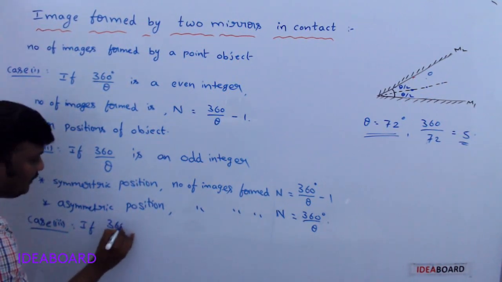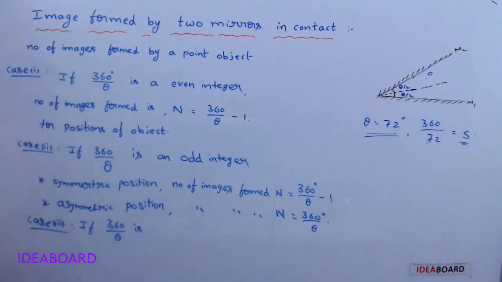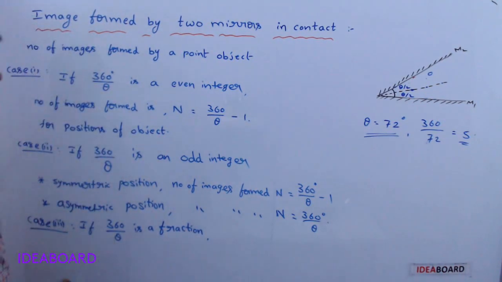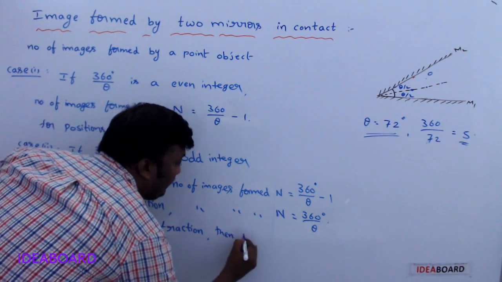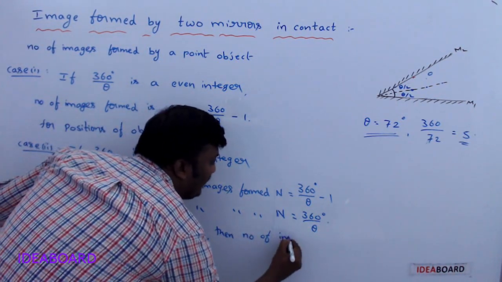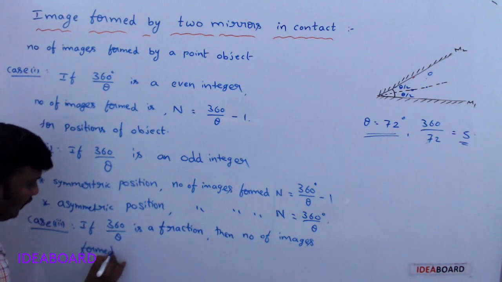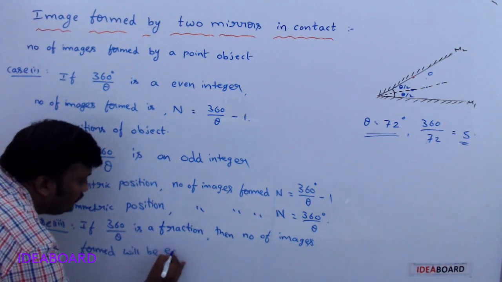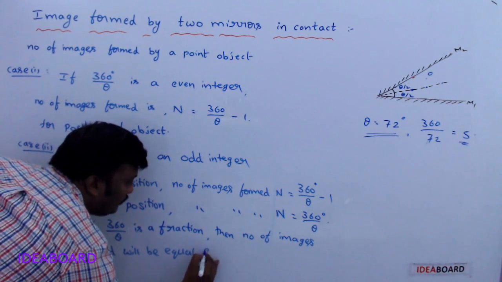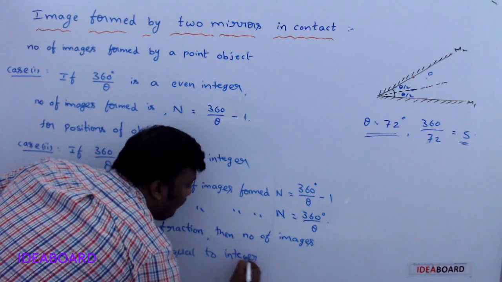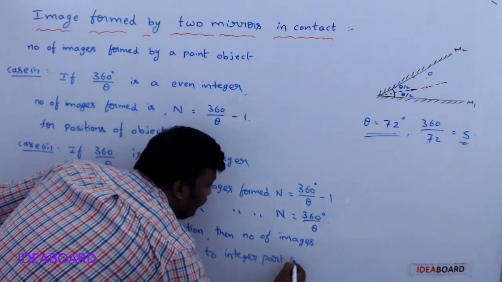If 360 by theta is a fraction, then the number of images formed will be equal to the integer part only.